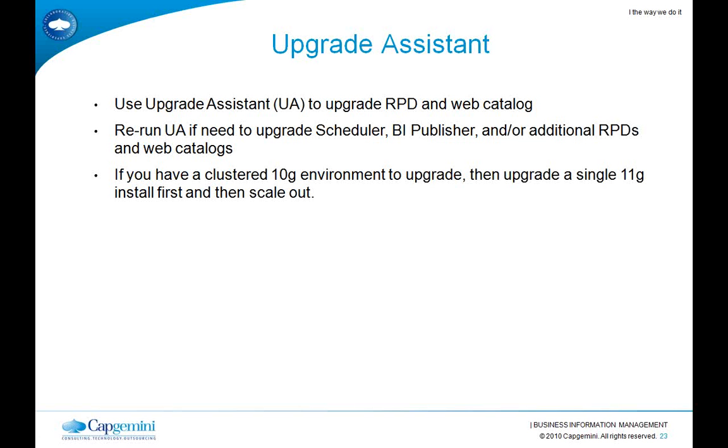If you've got a clustered 10G environment, then what you want to do is migrate just a single instance. Take your RPD and web catalog, migrate those into your 11G, and then do a scale out rather than taking each of your nodes and upgrading those independently.